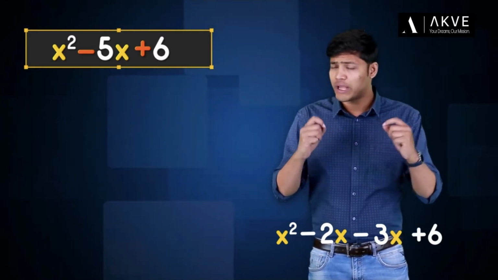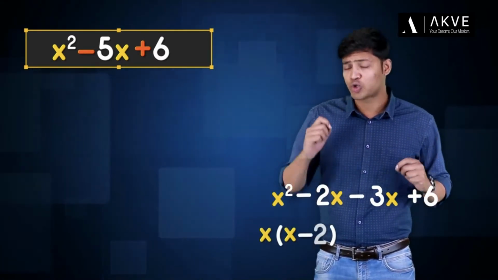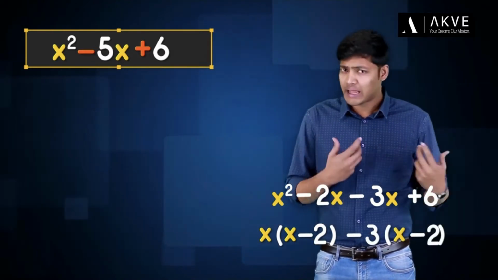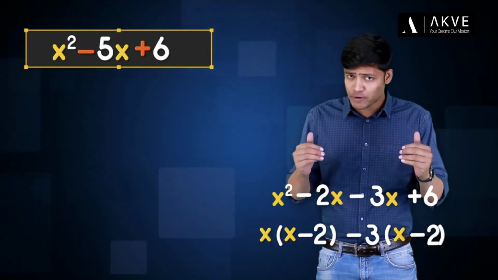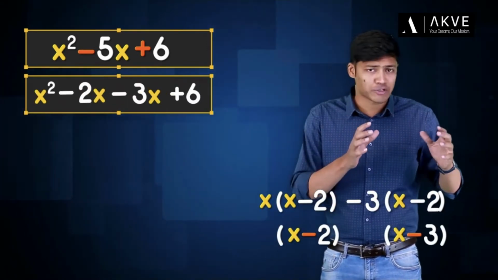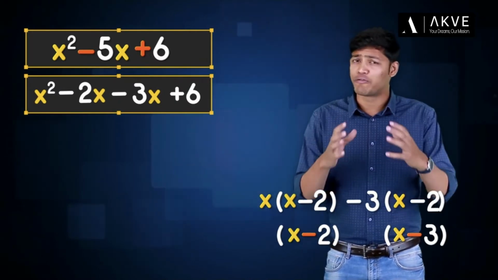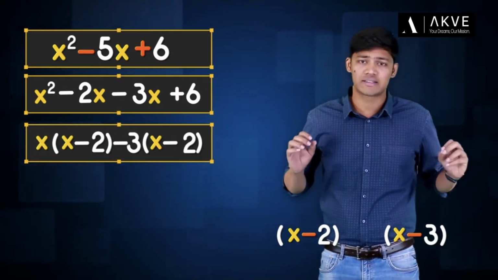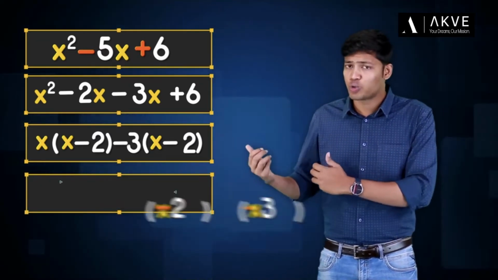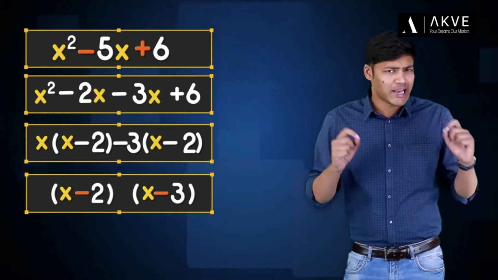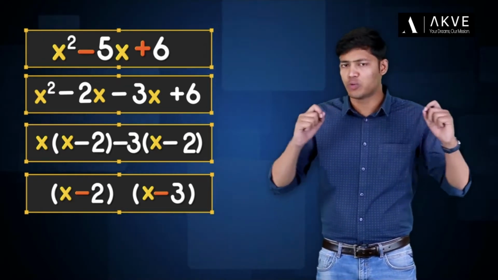Doing so, we get x into x minus 2 minus 3 into x minus 2. Again, taking x minus 2 common from both these terms, we get x minus 2 multiplied by x minus 3. So, we have factorized the quadratic polynomial x squared minus 5x plus 6 as x minus 2 multiplied by x minus 3.